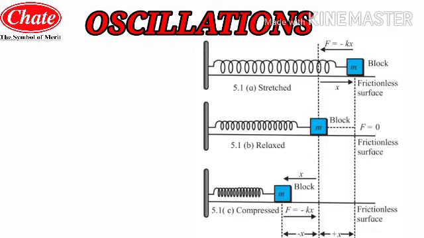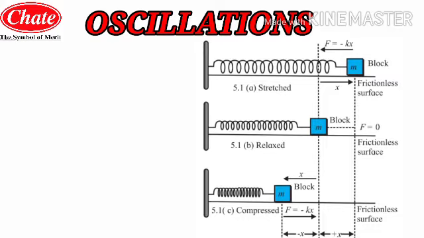But in this third case, you can see the restoring force of the spring will be F = -kx. In the first case, the restoring force applied by the spring will be F = -kx, and its direction is towards the equilibrium position, or towards the fixed point of the spring.